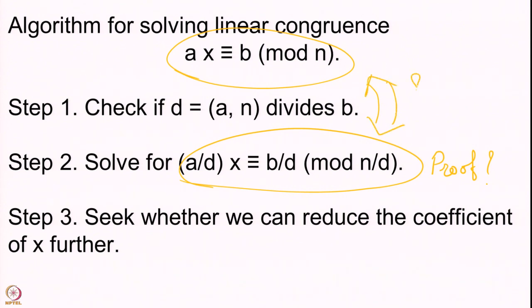Are these equivalent? This proof is needed. So, we will give this proof and we will answer this also. How do we do this? There is one method which I will tell you, and then there is another impromptu method which also will come.